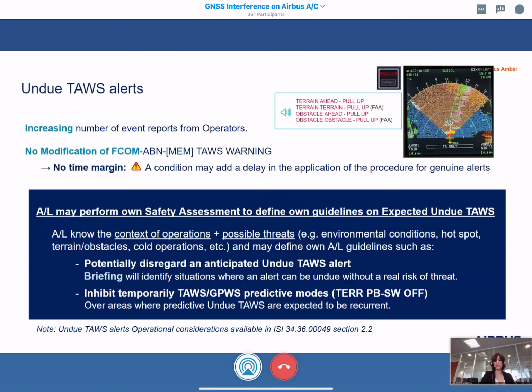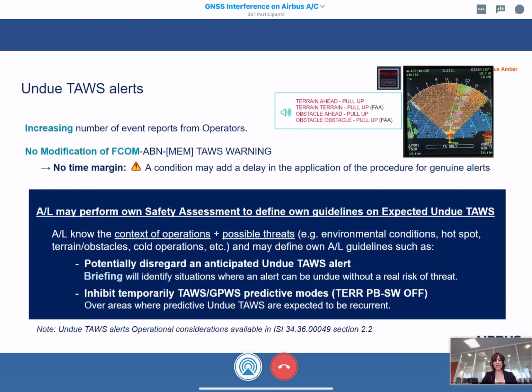For example, the departure, cruise and approach operations, lateral and vertical positions, cold weather operations, clear knowledge of the environmental conditions and the terrain conditions, to clearly identify areas within the routes where TAWS alerts can only be undue without any risk of genuine terrain or obstacle threat.